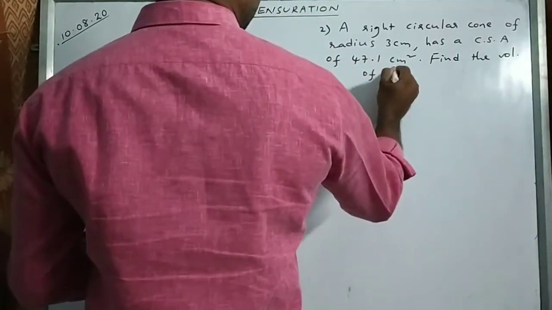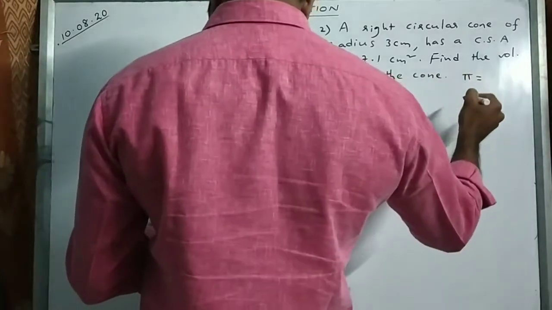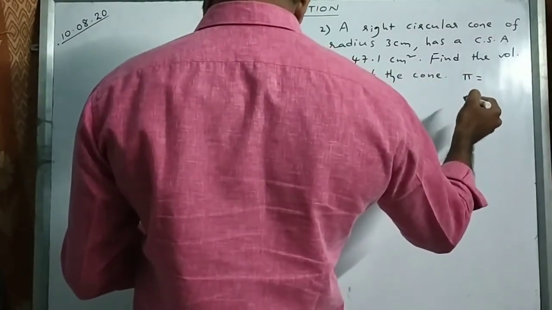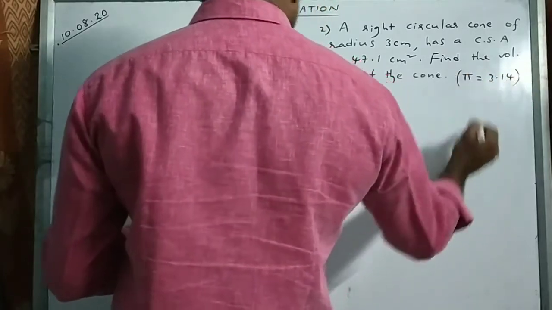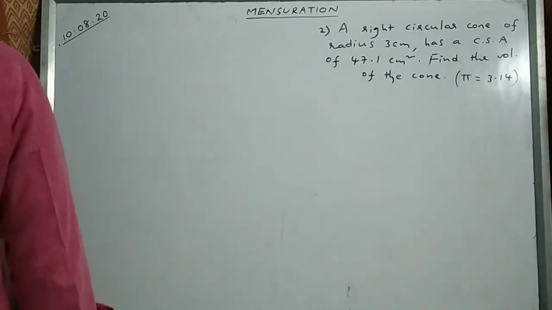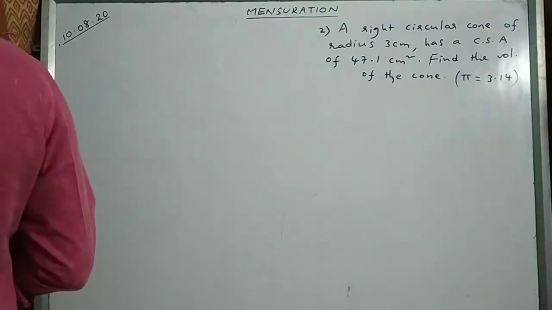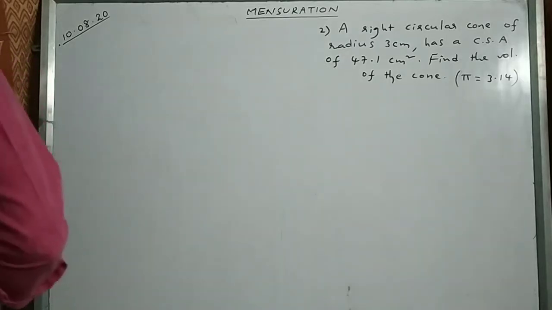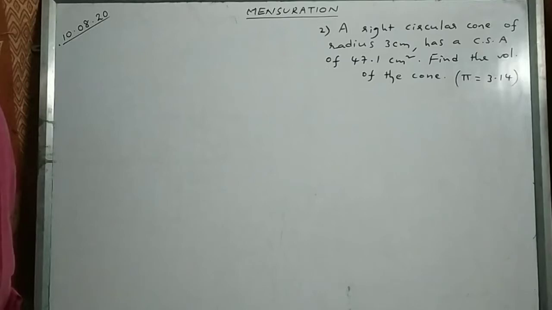Volume of the cone. Use pi value 3.14. It is given here, so we should use the same value, right? So what is given?